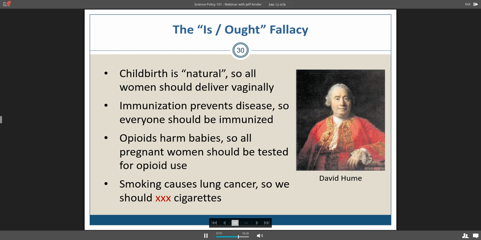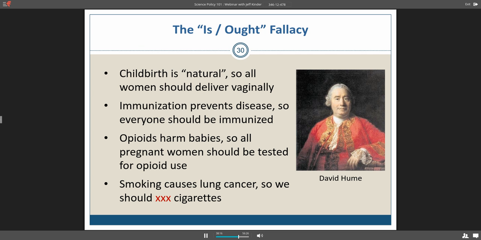It's also important to remember the is-ought fallacy that was explored by a famous philosopher, David Hume. And this is the idea that sometimes it's easy, even for scientists, to slip from scientific statements of what is, very objective statements, to what ought to be or what should be, which is obviously a normative statement.